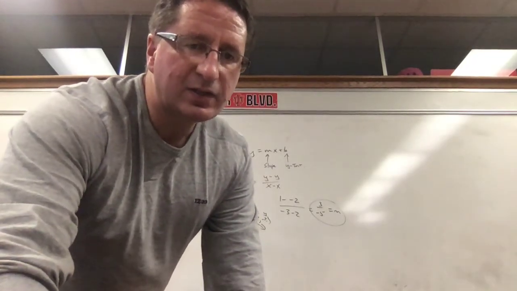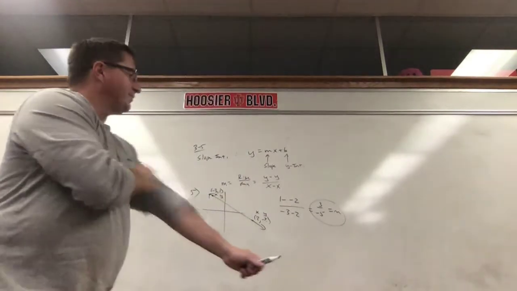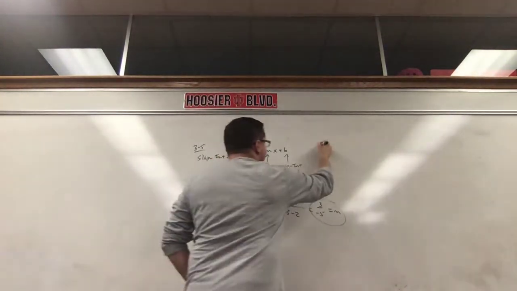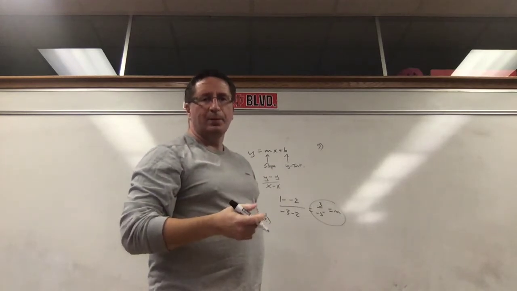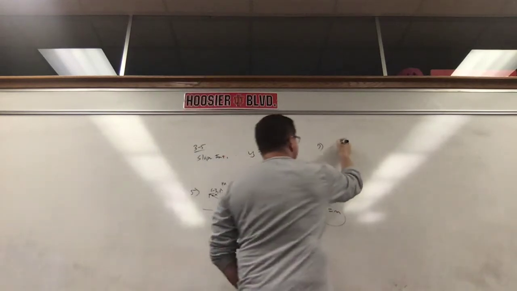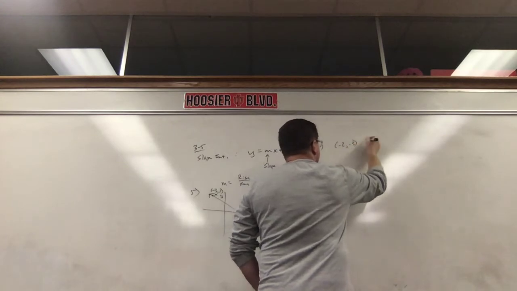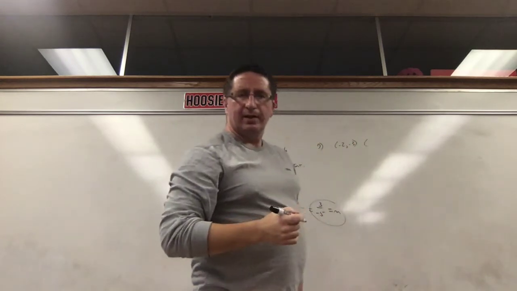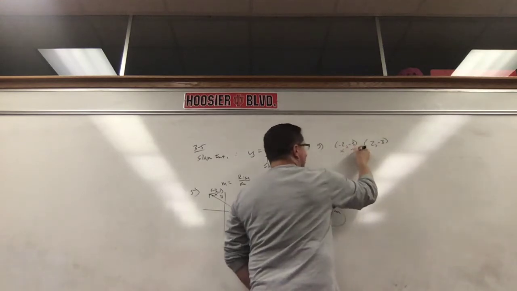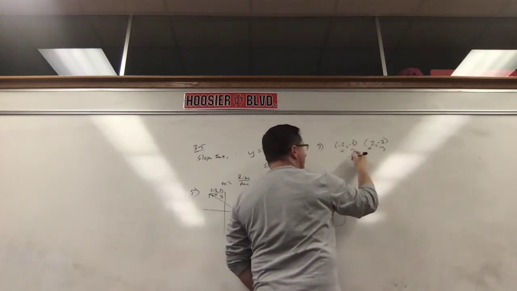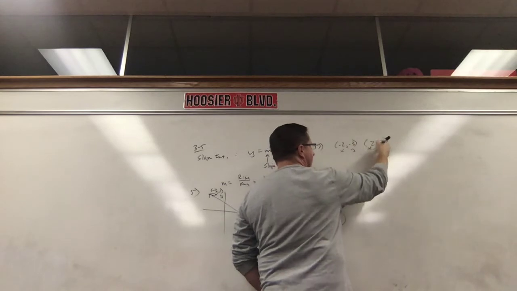All right, let's look at question number 7. Same type of question. They give us a picture. I'm not going to draw the picture here, you can look at it on your own. The two points they give us are (-2, -3) and (2, -3). So x, y, we subtract our two y values. Our two y values are -3 and -3.